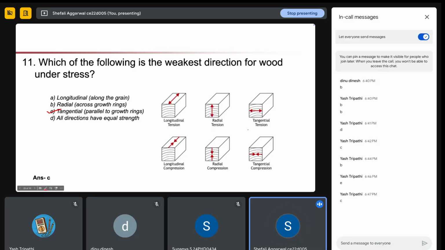So if you see from this point of view, why is the weakest direction tangential? If you are applying load in this direction, you are applying load in the perpendicular direction to the grains, and there are chances of grain breaking and a sudden brittle failure of your wood.